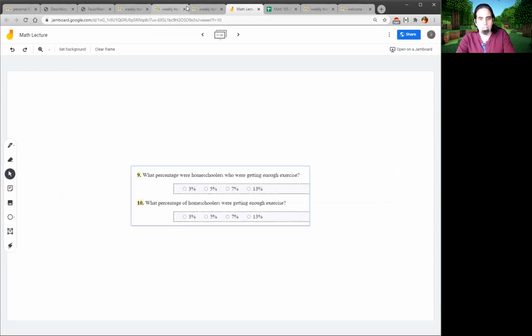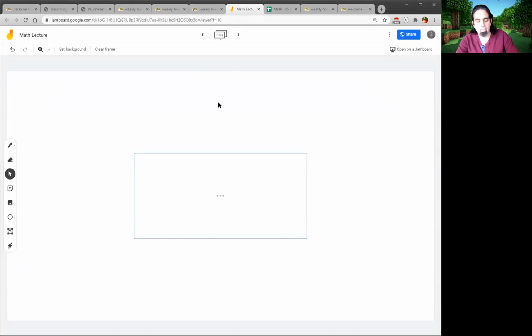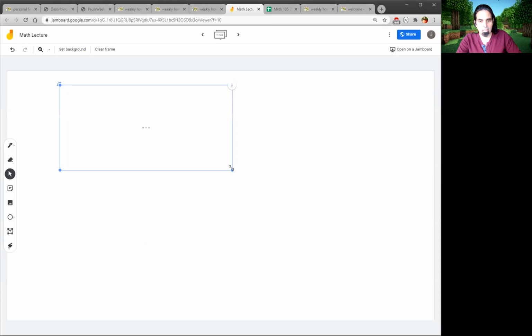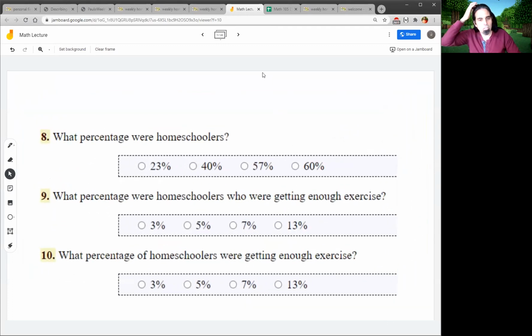Actually, let me unpaste that and put all three in. So when we say what percentage were homeschoolers, then that's homeschoolers as a part of what?